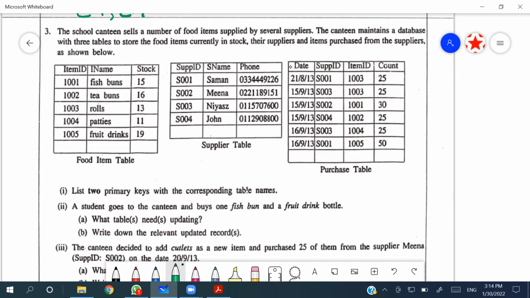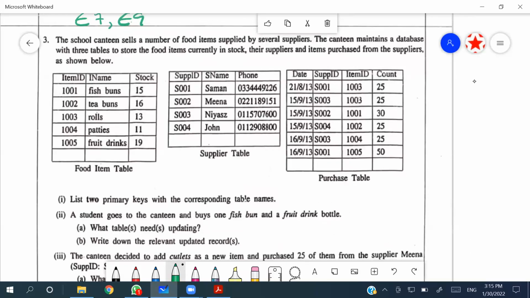The food item table explains the food items that they have in stock. The supplier table explains the suppliers who are supplying the foods. The purchase table explains how the purchasing has happened, like what food they got from which supplier, right?